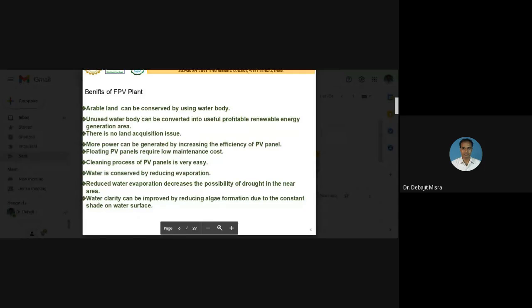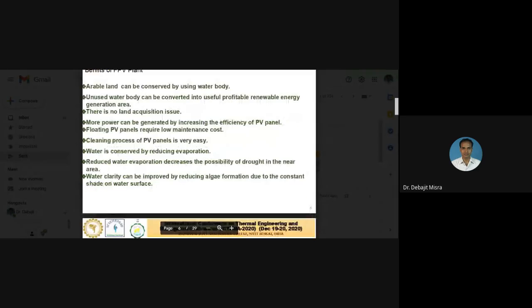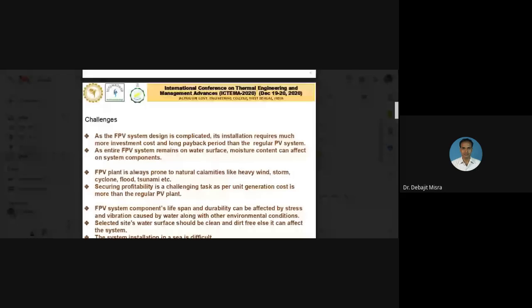Though it has lots of benefits, there are lots of challenges also. It requires a complicated design, and moisture content can affect the material or components of a system. A PV plant can be hit by natural calamity like heavy windstorm, cyclone.